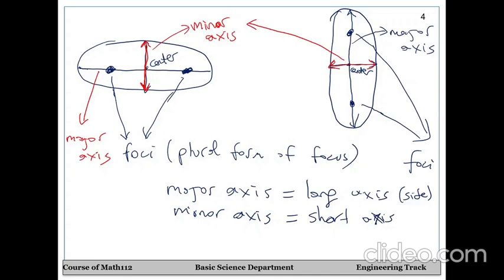Now there are other things also. One is, of course, the vertices. So these points here, the endpoints here. Okay, I will use another color, so let's make this one red. Here, these two are called the vertices.